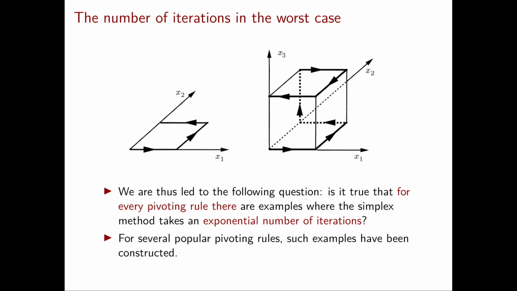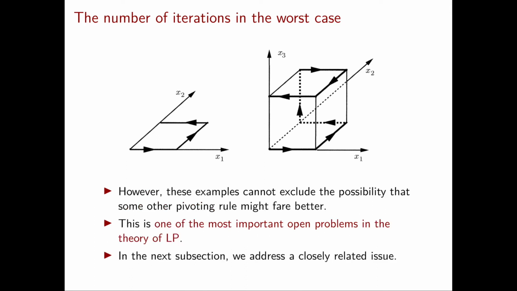Unfortunately, for several of the most popular pivoting rules, we have examples where they take an exponential number of iterations. However, there could always be a new pivoting rule, maybe that nobody introduced yet, that will always result in a polynomial number of iterations. And this is one of the most important open problems in the theory of linear programming.